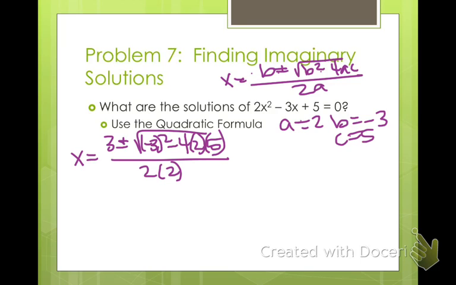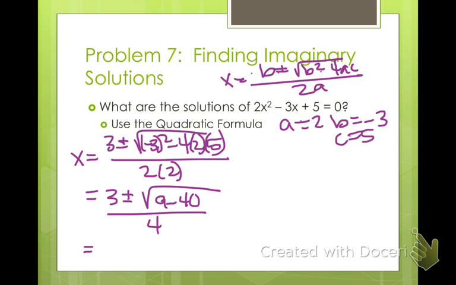Okay, so let's take this and simplify this. It's 3 plus or minus the square root of 9 minus 40, all over 4. 9 minus 40 is negative 31 over 4.